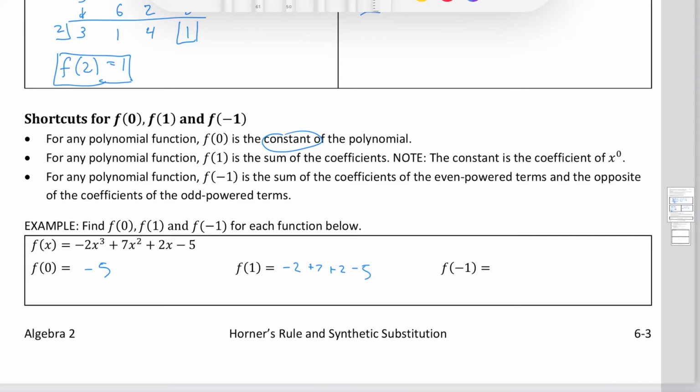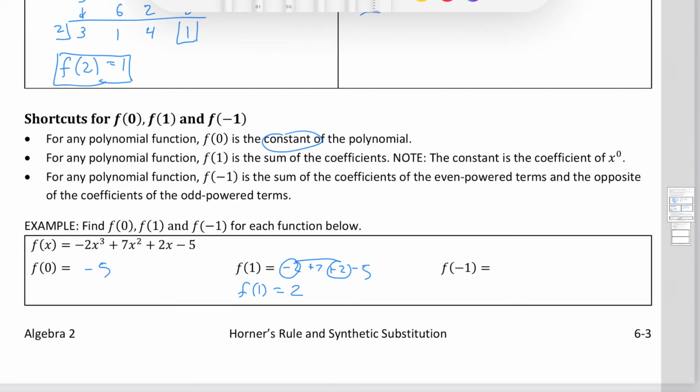And I just add the coefficient pattern, because 1 to the third power is 1. 1 times negative 2 is negative 2. There's the simple justification. So when you're trying to evaluate your function at 1, just pull the coefficient pattern out of it and add it up. Look for a couple of shortcuts there. Notice that the negative 2 and the plus 2 would go to 0. 7 minus 5 is 2. So f of 1 is equal to 2.